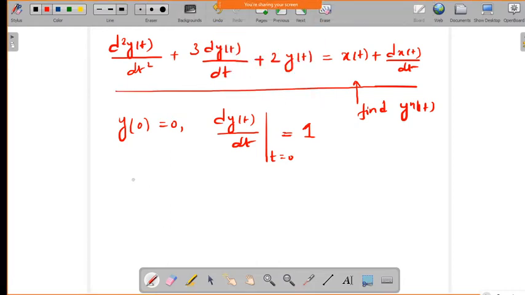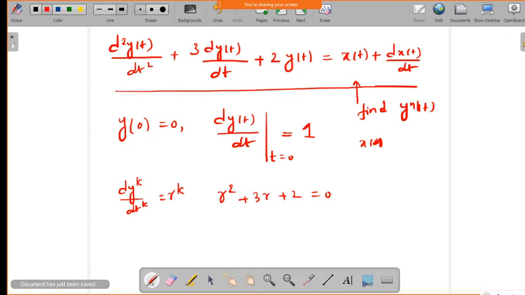For the roots we can put d power k y by dt power k equal to r power k. So this will become r square plus 3r plus 2 equal to 0. Since we have to find the natural or zero input response, x of t will be equal to 0.